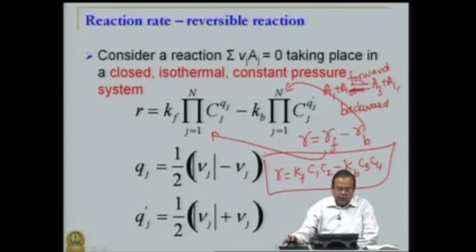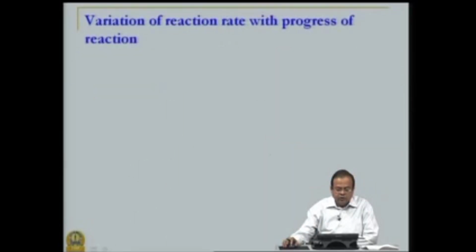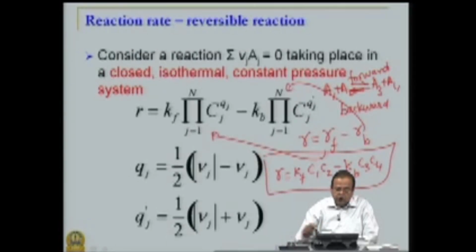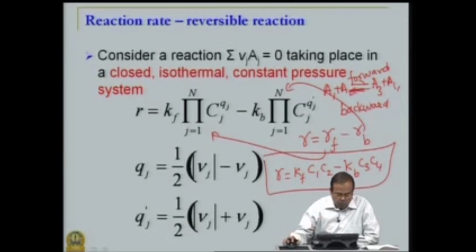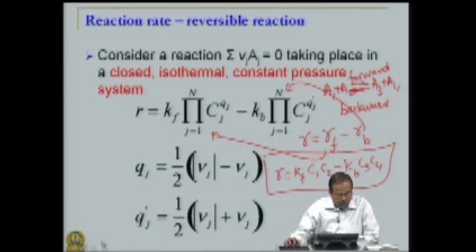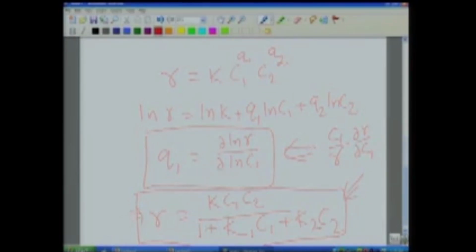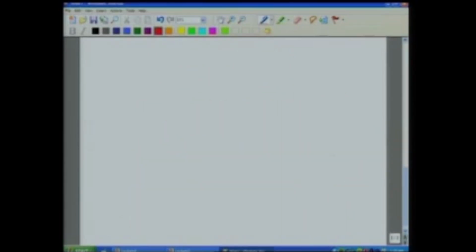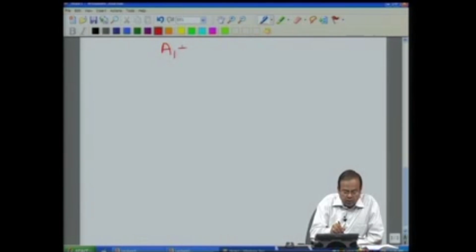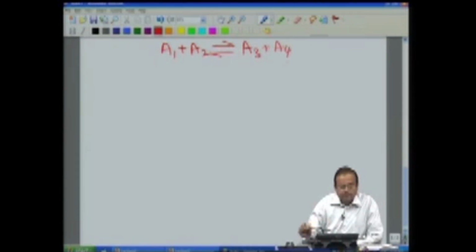Now, there are several aspects of reversible reaction that we should be concerned about, and let us go to a specific example to see this particular aspect. So, let us say that we have our reaction A1 plus A2 giving rise to A3 plus A4.